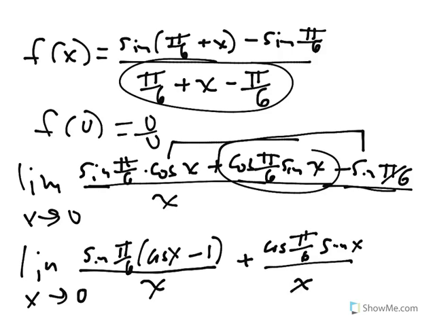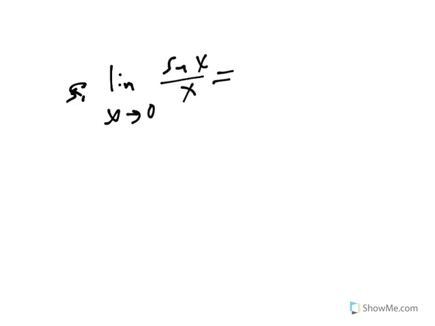Well, this may all look nice, but when you plug in 0, you're still getting 0 over 0 for both of these fractions. But to finish this up, I'm going to tell you two facts that I'm not going to prove. You learn them in calculus next year. One is that the limit as x approaches 0 of sine x over x.